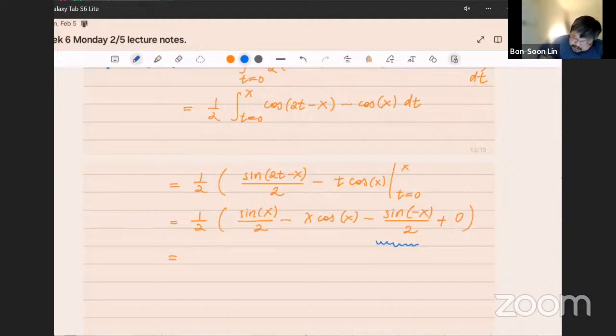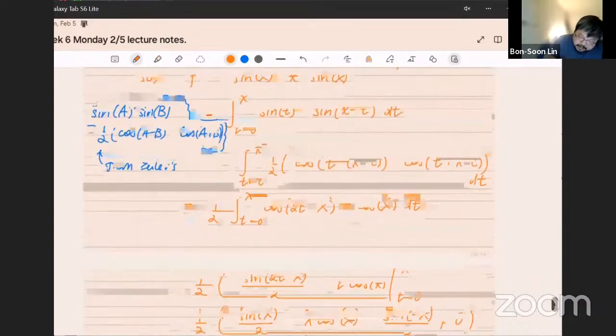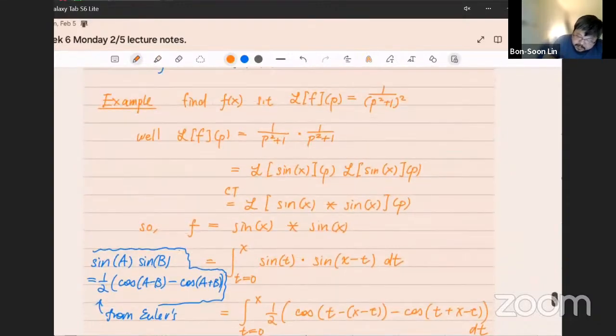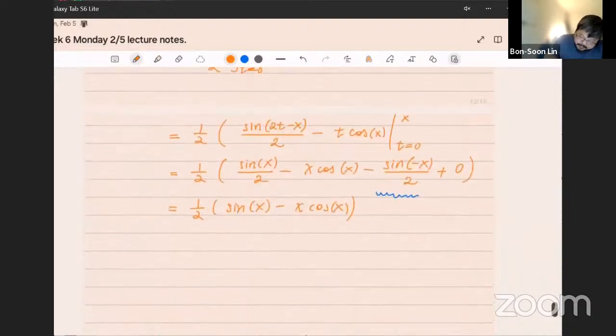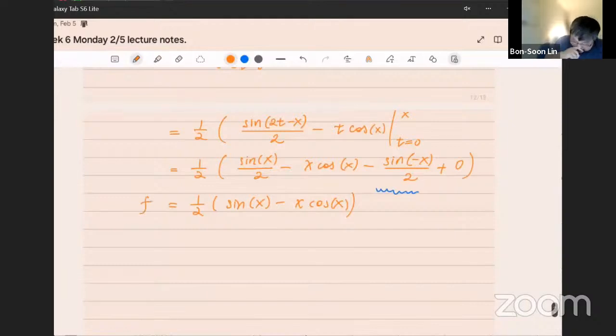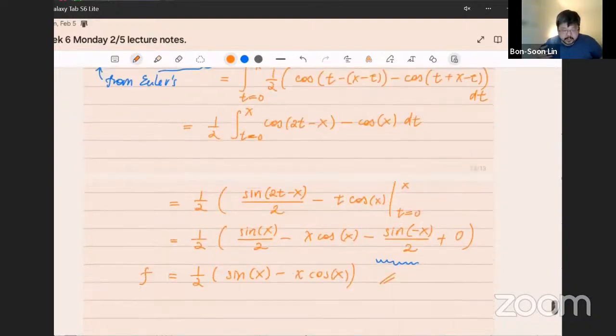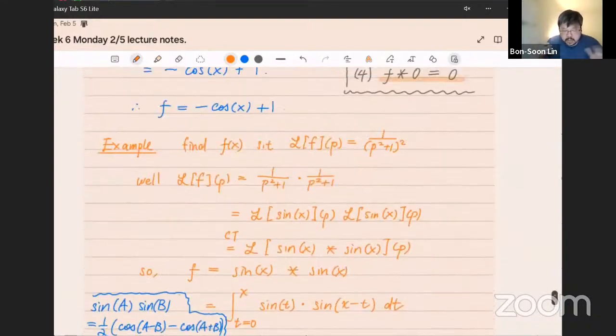Adding to the first sine of x over 2, that's just sine of x over 2. So overall, we get 1/2 sine of x minus x cosine of x. Bang. So that is the function f, a function whose transform is this thing right here. Okay, this is f. Wow. So you can use convolution to figure out the inverse transform. That's one of the usages of this.